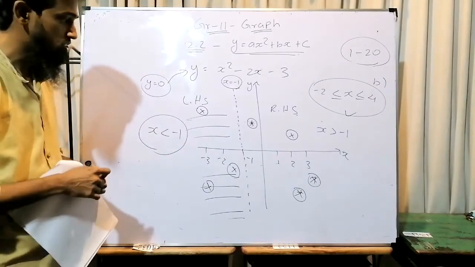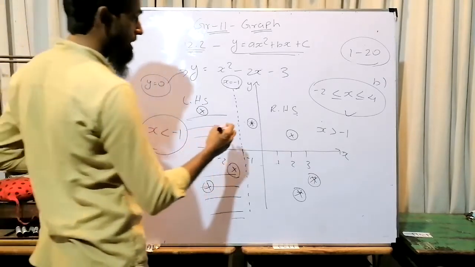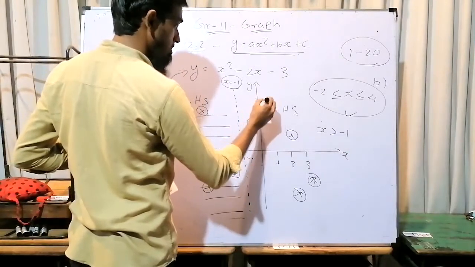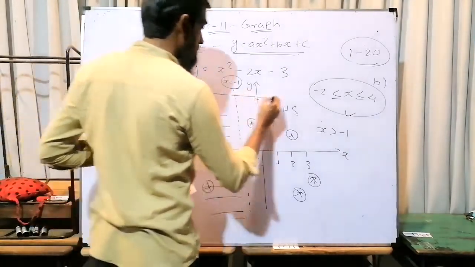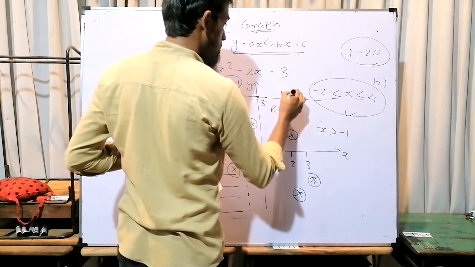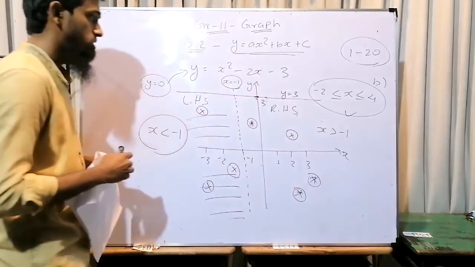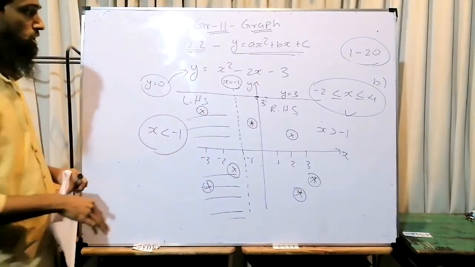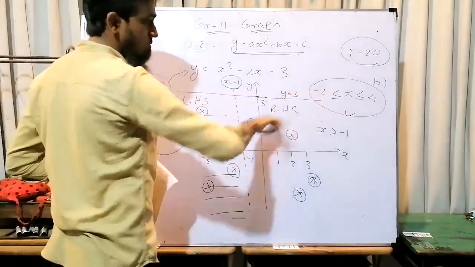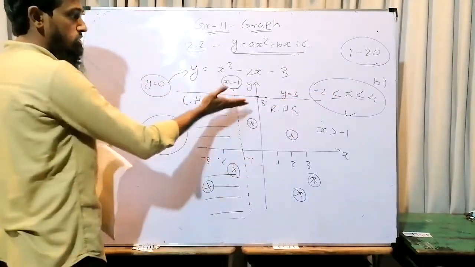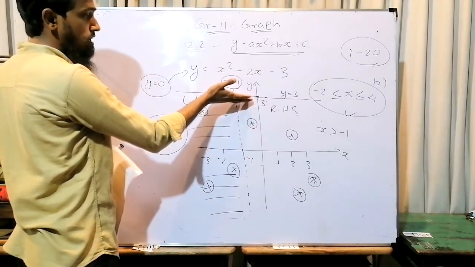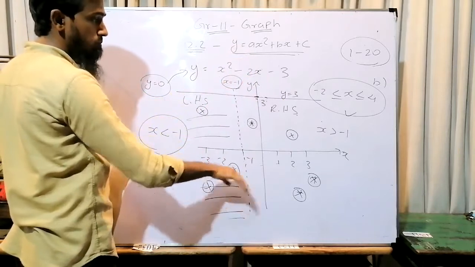If we draw a straight line on the y-axis, we draw it here through 3, y equal 3. So the equation is y equal 3. If you consider a line that passes through the y-axis, it has two portions, the upper and the bottom.